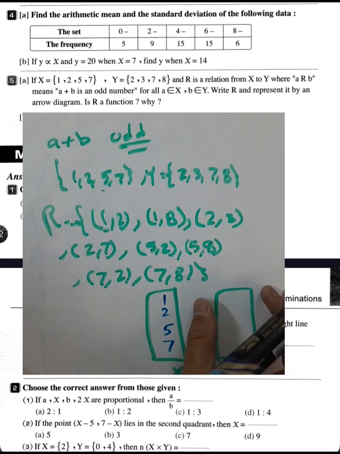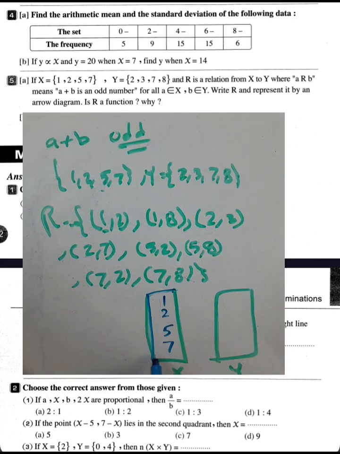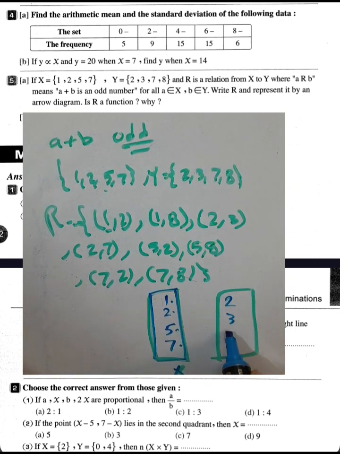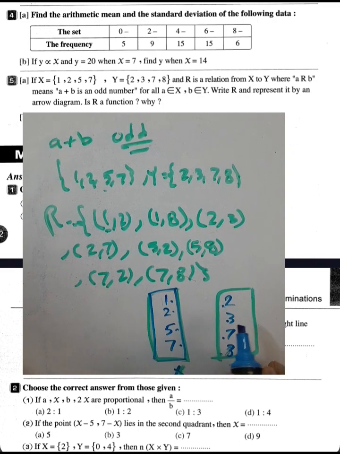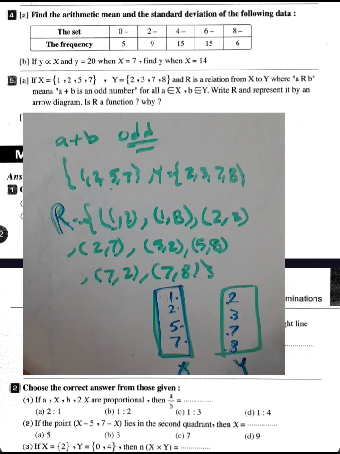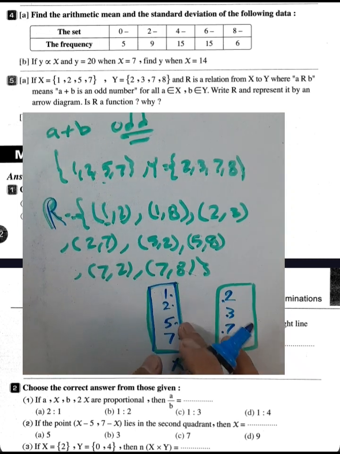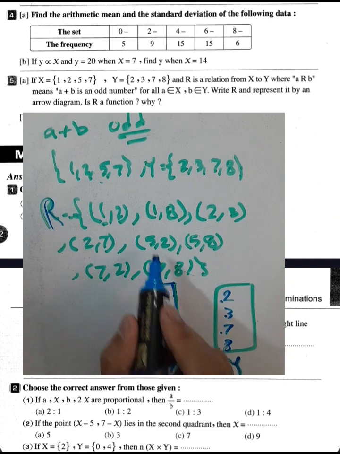From y we can find what we have here, y elements: 2, 3, 7, 8. Then we don't have a range here because it is not a function. Then the domain here is 1, 2, 5, 7, and we can draw from 1 with what?